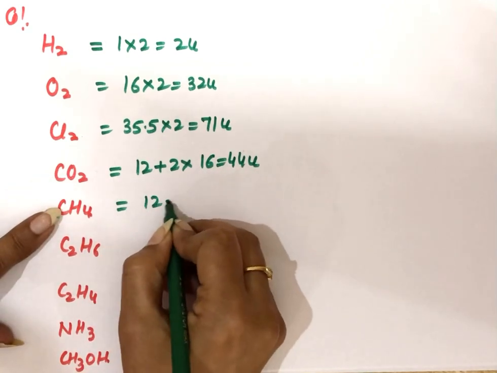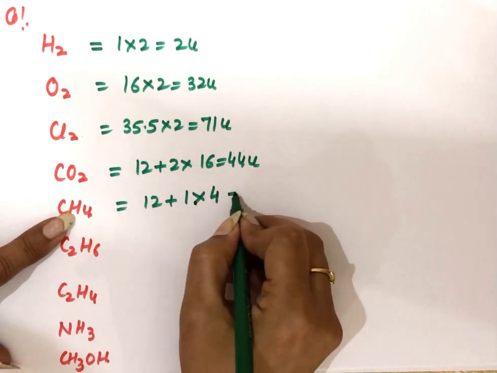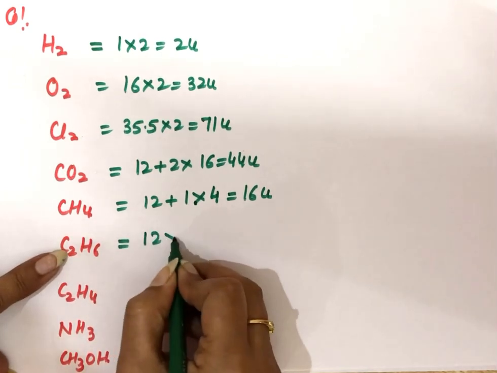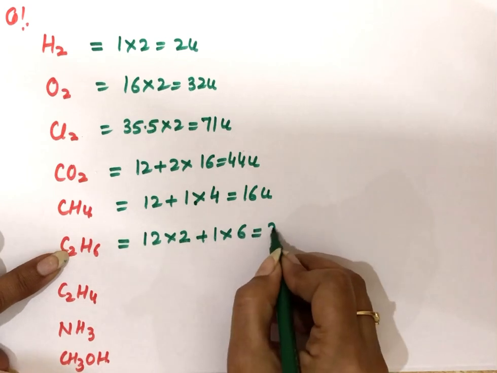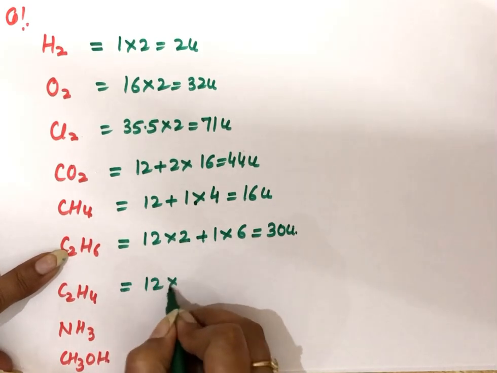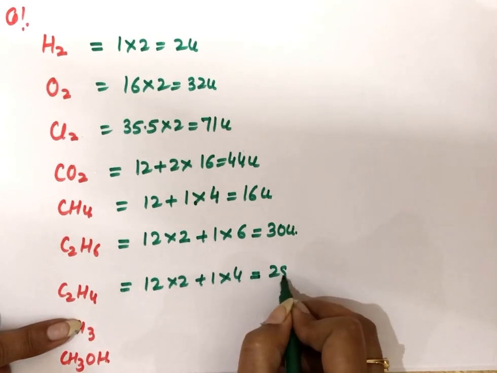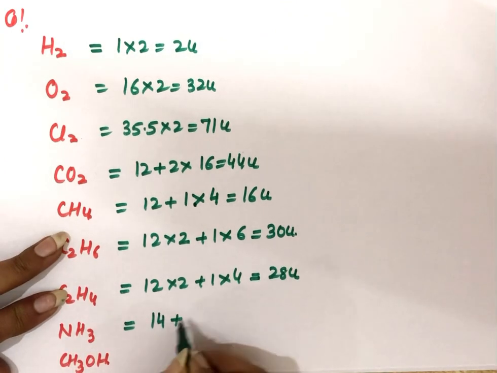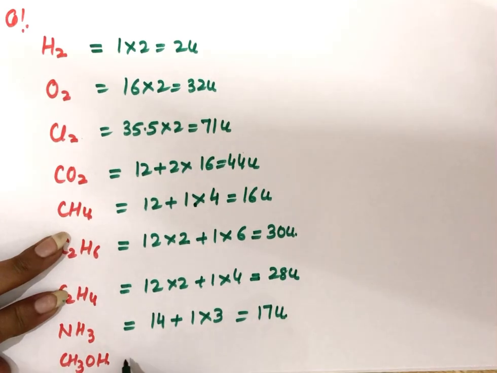Then CH4 is carbon 12 plus atomic mass of hydrogen 1 multiplied by number of atoms 4, so it is 16 U. C2H6 is 12 multiplied with number of carbon atoms 2 plus 1 into 6, so this is coming out equal to 30 U. Now C2H4 is 12 into 2 plus 1 into 4, so this comes out to be equal to 28 U. Ammonia is nitrogen 14 plus 1 into 3, that is 17 U is molecular mass of ammonia.